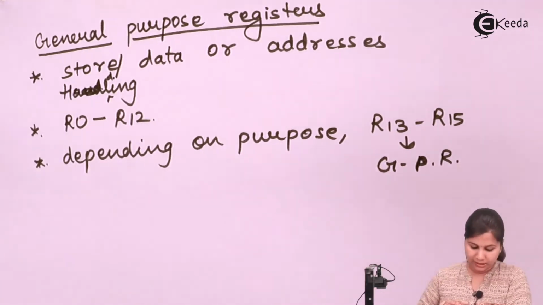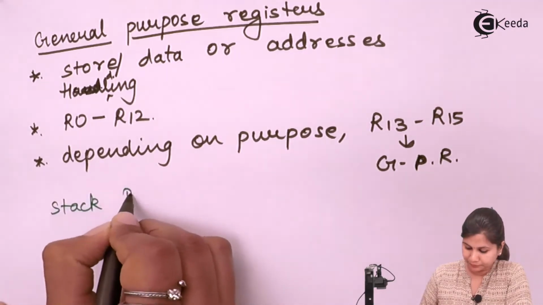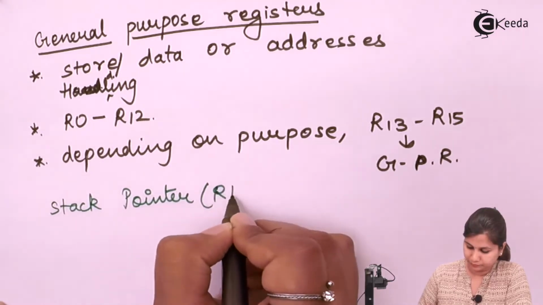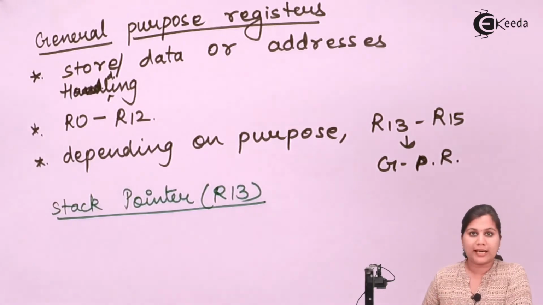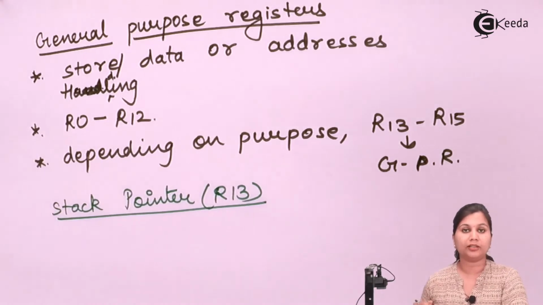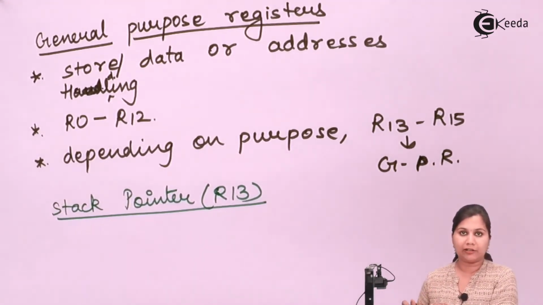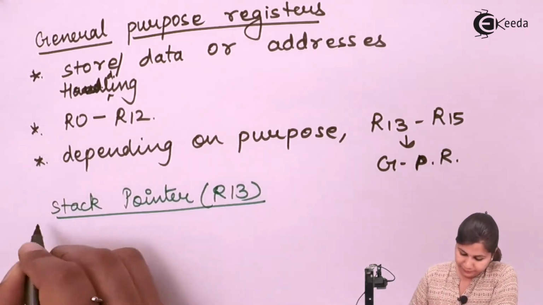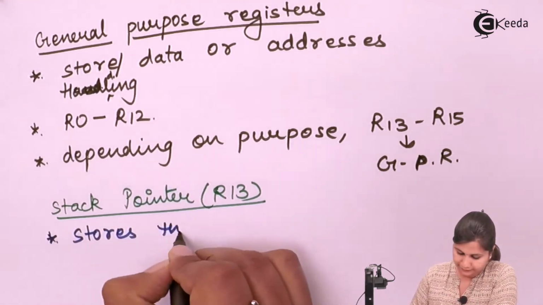Next is R13, which is the stack pointer. The function of the stack pointer is to store the address of the top of the stack, the memory address from where the stack is starting. That beginning address is stored in the stack pointer.